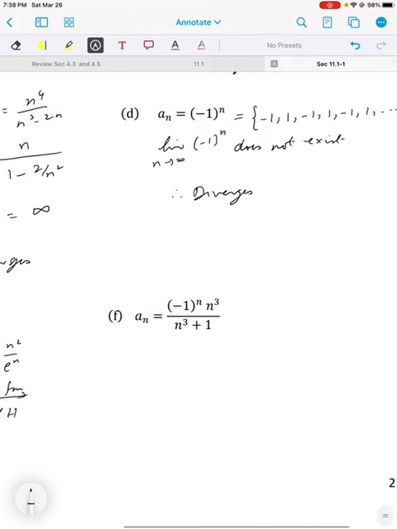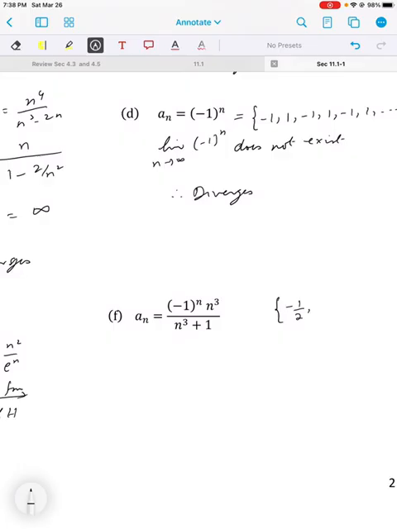Okay, looking at the next one, well, here again we have a negative 1, so it's an alternating series. But if you try to write some of the values of the sequence, so what are the values of the sequence? When n is 1, we end up getting negative 1 over 2.